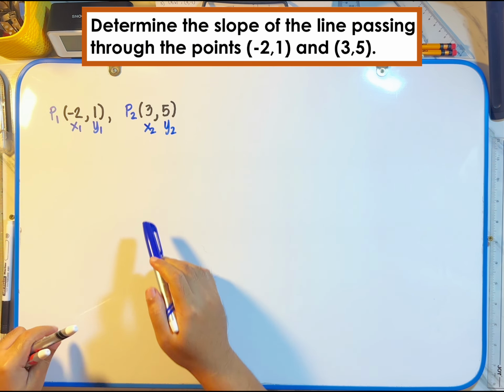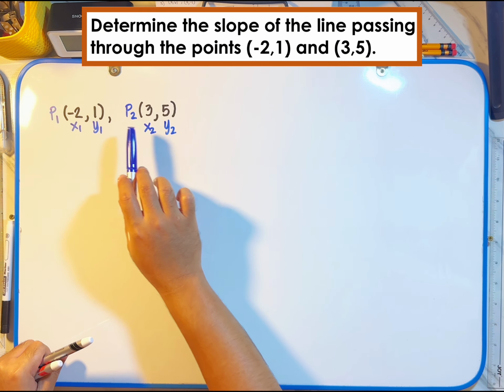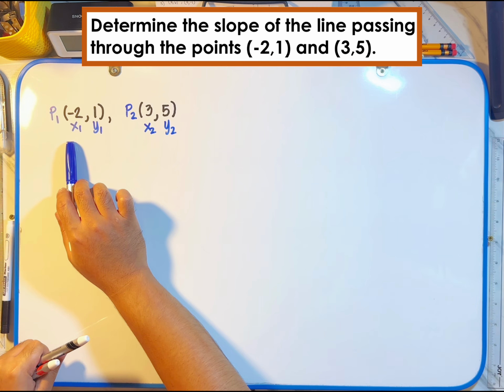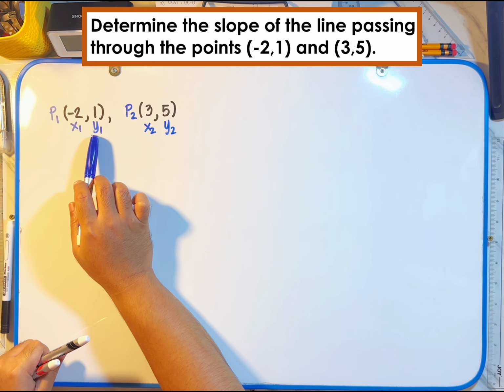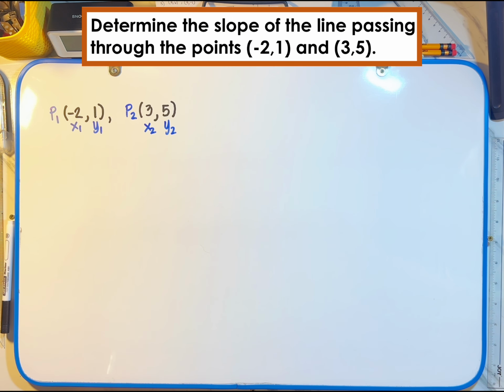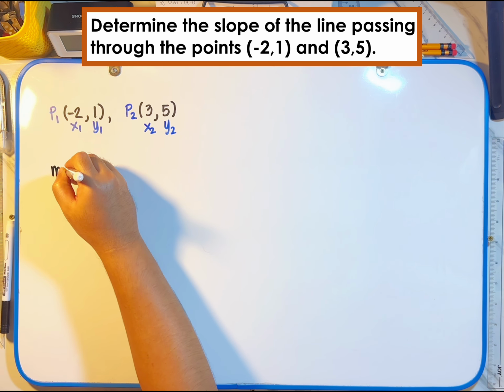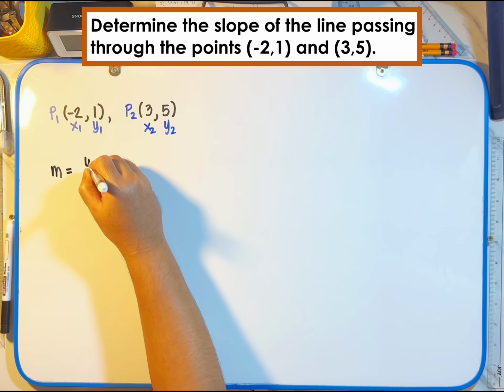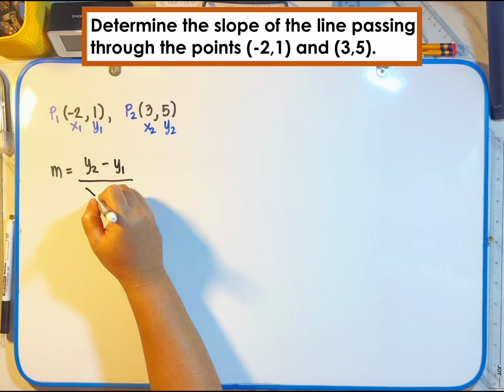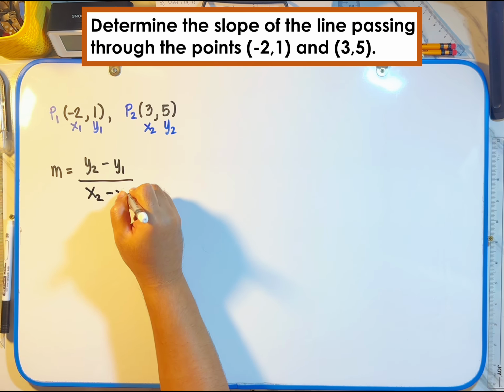Anyway, you can interchange. You can set this as point 2 while this is point 1, as long as you're consistent with the subscripts. So if this is point 2, this will be x2, y2. And if this is point 1, this is x1, y1. Are we clear? Okay. Now let's copy the slope formula. So the slope formula is m equals y2 minus y1 divided by x2 minus x1.